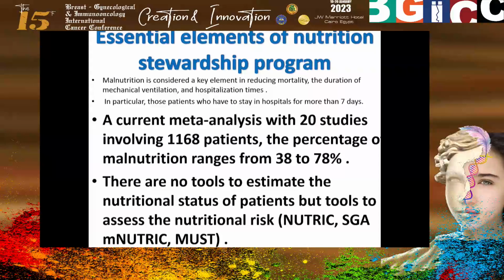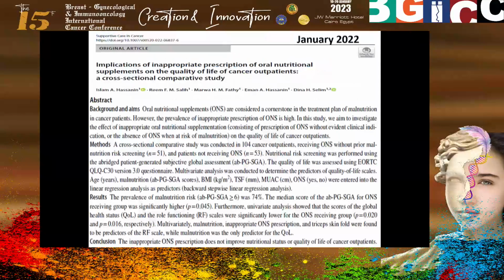A recent meta-analysis of 20 studies involving a large number of patients found the percentage of malnutrition ranges from 38% to 78% using different tools. This study was done in Ayadi al-Mustaqbal Hospital in Alexandria, recently published in Supportive Care in Cancer.